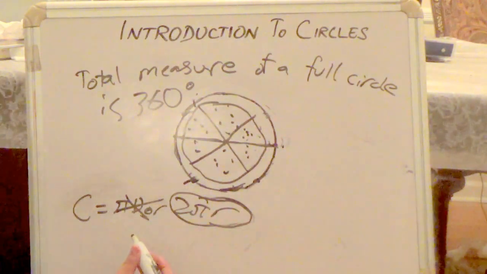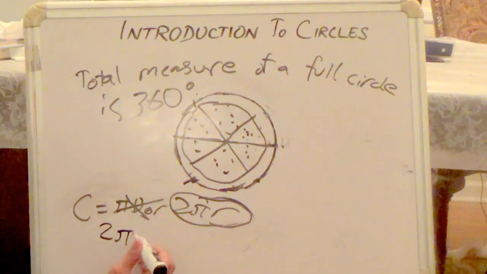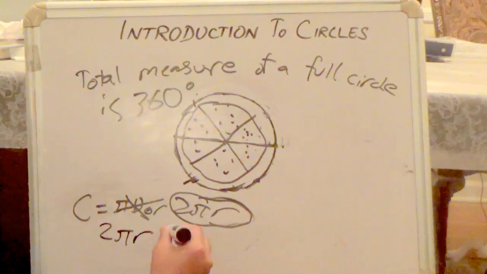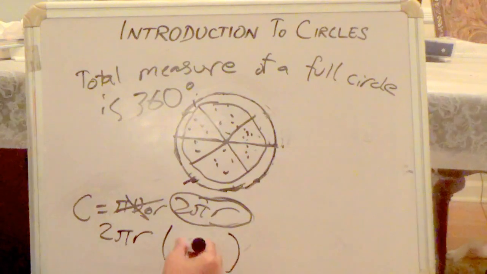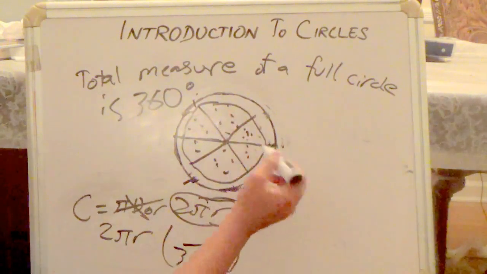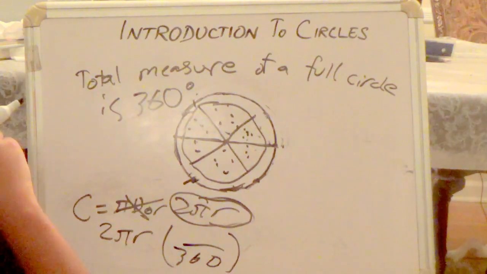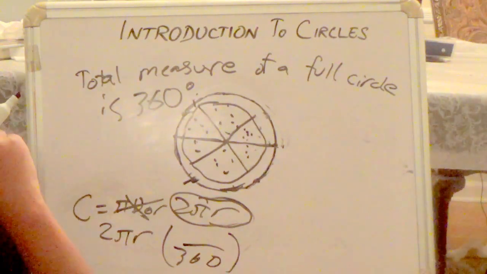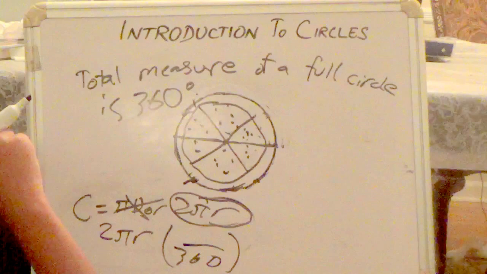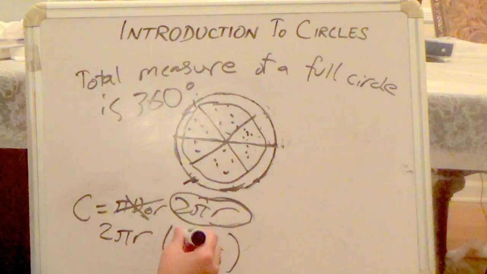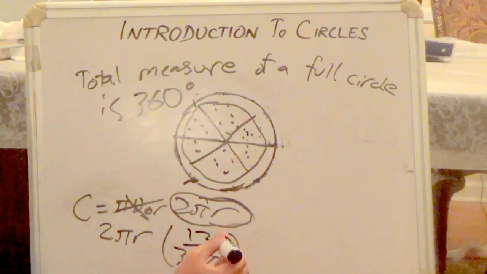But you can't directly multiply it by 1/3. You have to remember, a full circle is 360 degrees. So 2 pi r, you have to multiply by a fraction of 360 degrees. So we want 1/3 of the circle. What's 1/3 of the fraction? How many degrees is 1/3 of 360? It's 120 degrees.